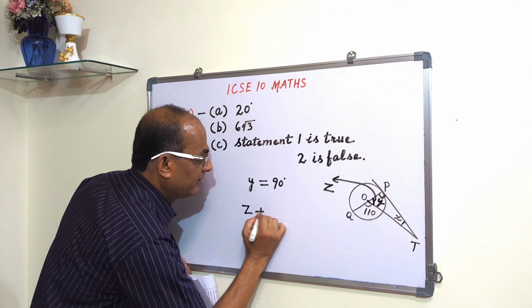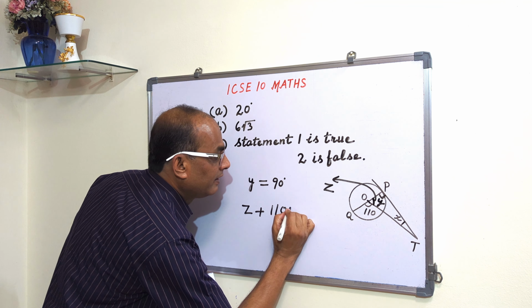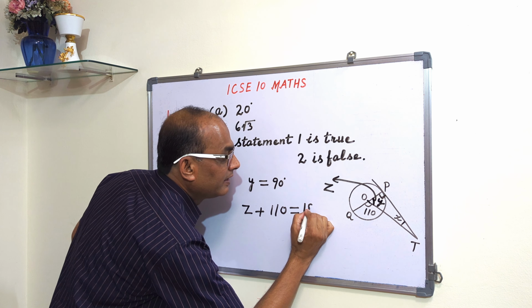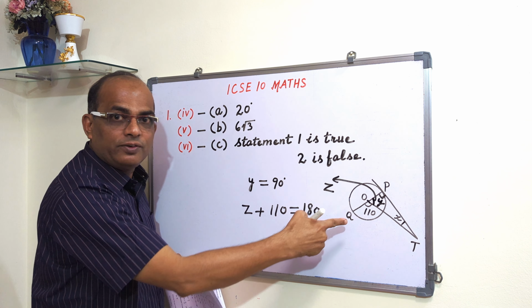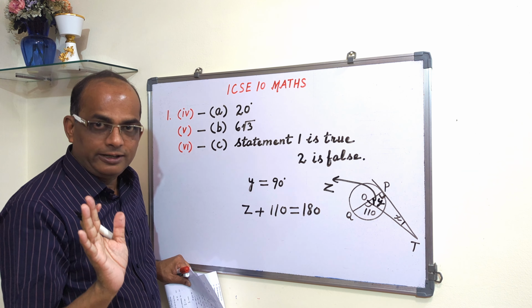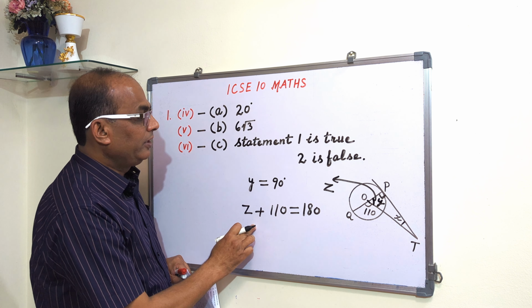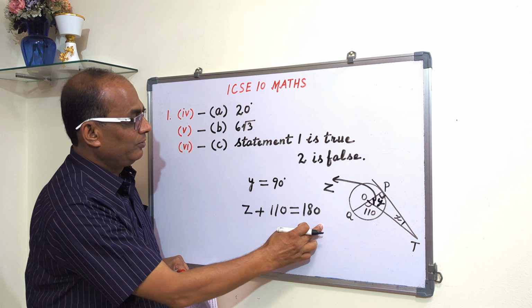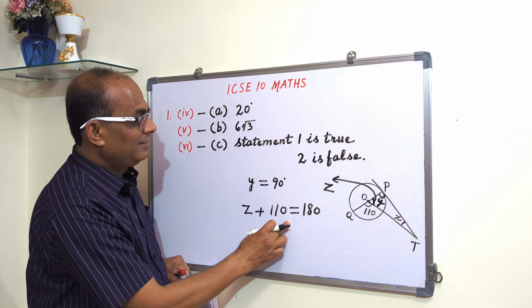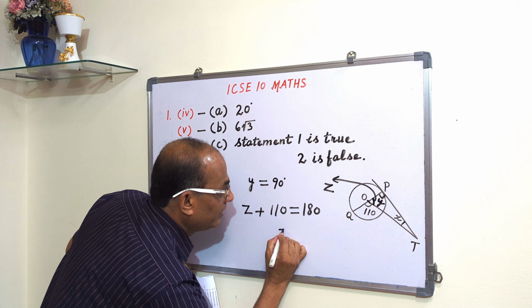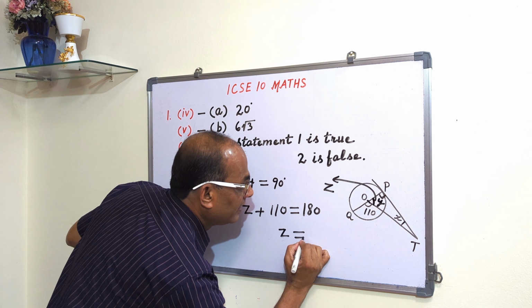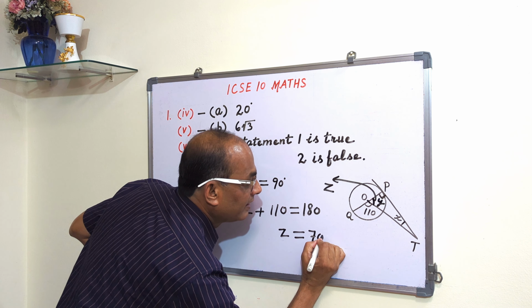Reason you will write down, if it is a 3-mark question, linear pair. So from here we get Z is equal to 180 minus 110, that is equal to 70. So Z we are getting 70.